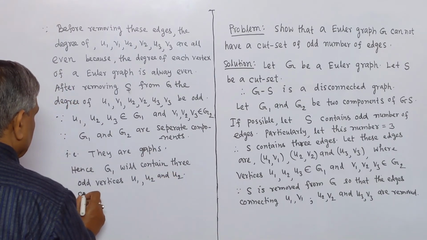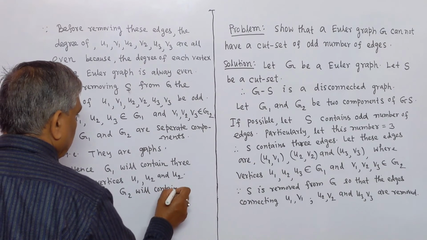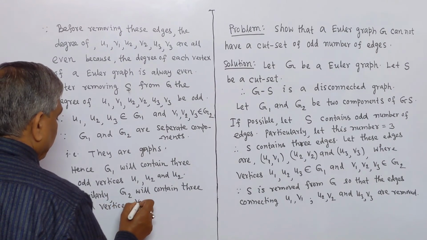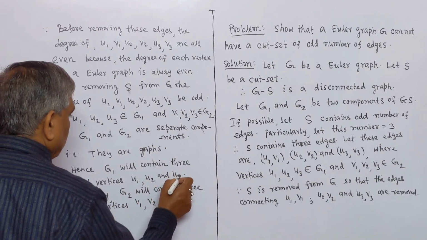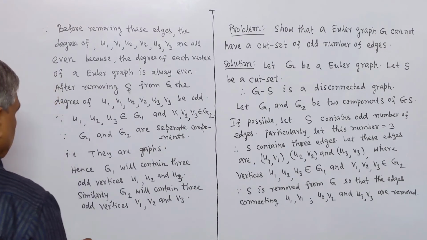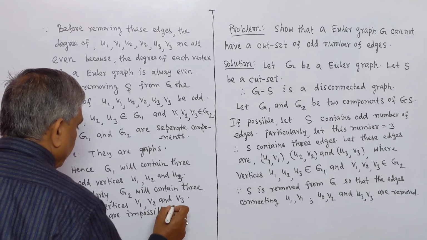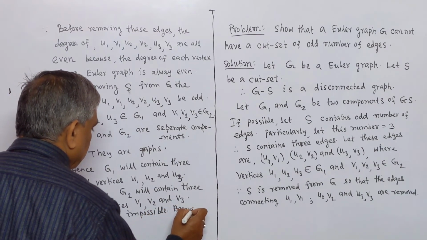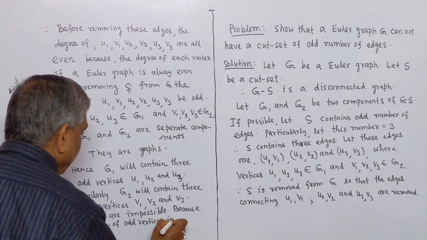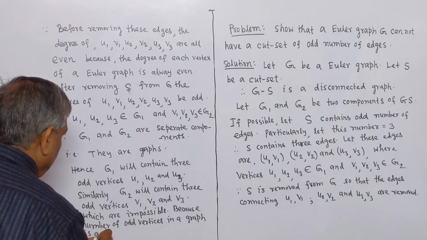Similarly, G2 will contain three odd vertices V1, V2 and V3, which is impossible because the number of odd vertices in a graph is always even.